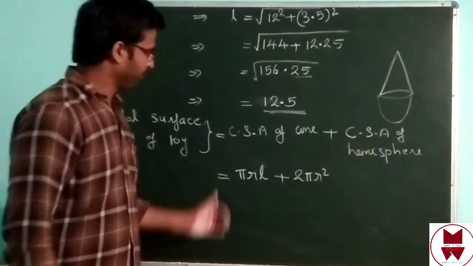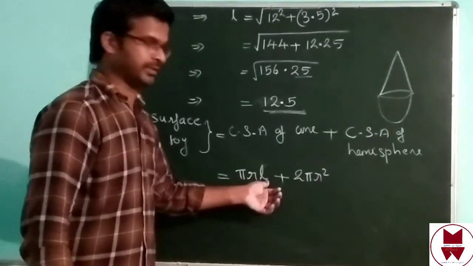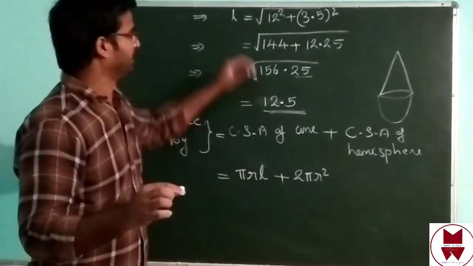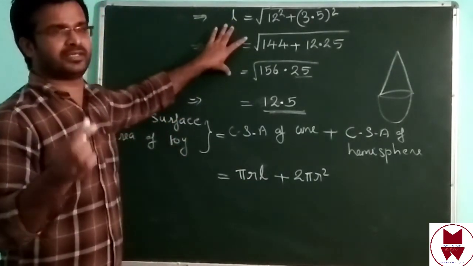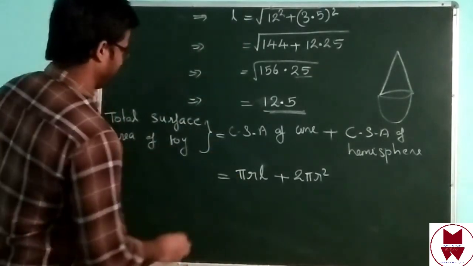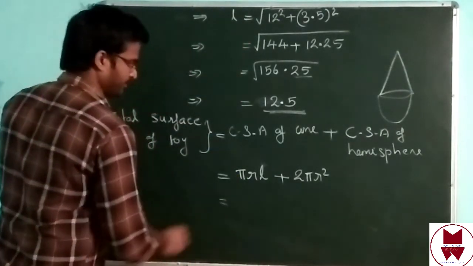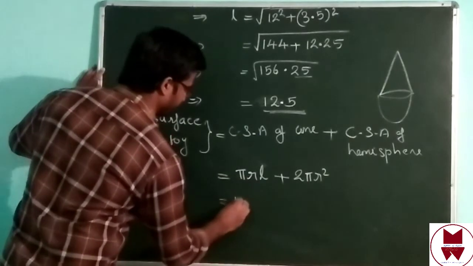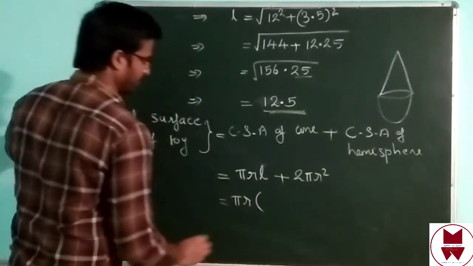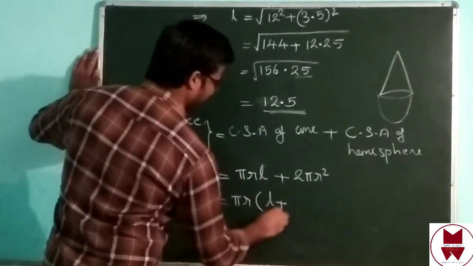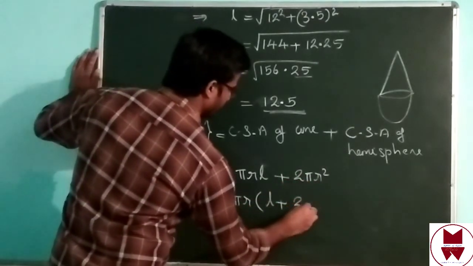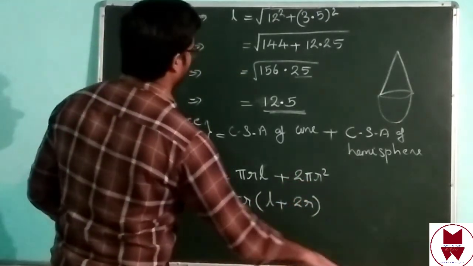Looking here, pi r l. L is there. That means we needed slant height for that purpose, so we found slant height before. Okay. Then pi r is common. Take it outside. Then remaining here L plus here remaining 2 r. Give all the values.